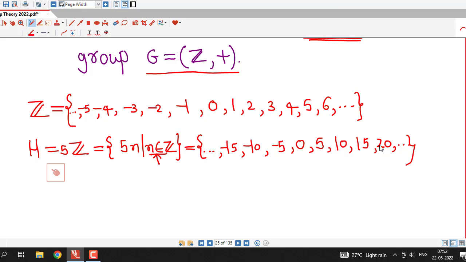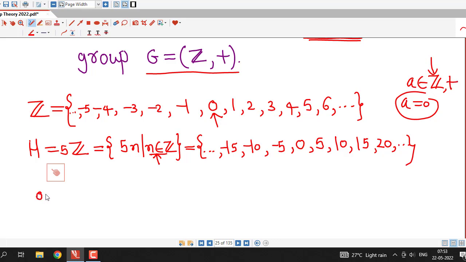Now we start by a equal to 0. We have to find out left cosets for every element of the group. Here the group is the set of integers, so first we take a equal to 0 and the operation is the addition operation.